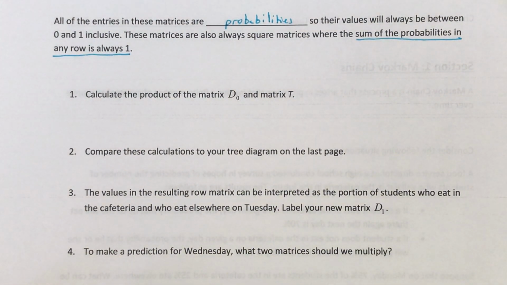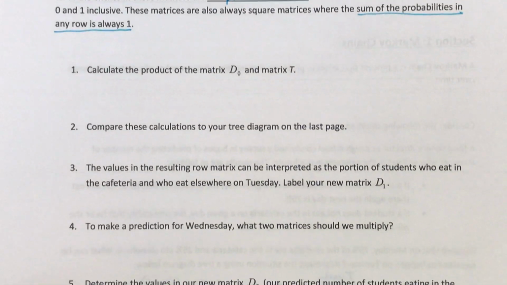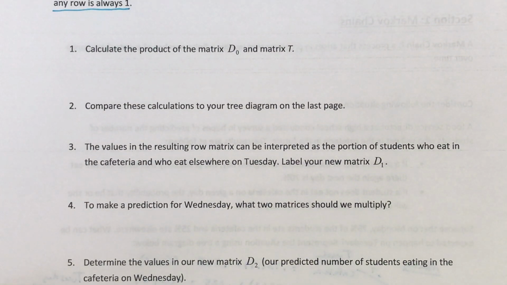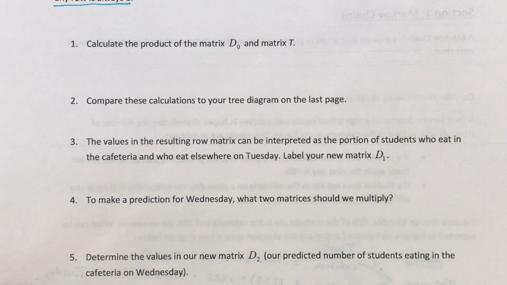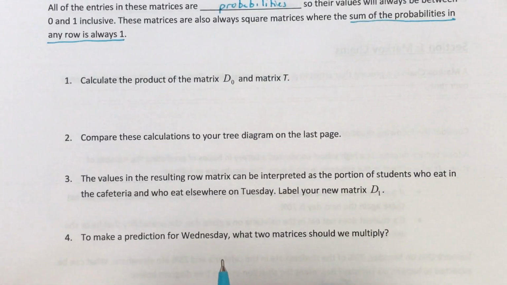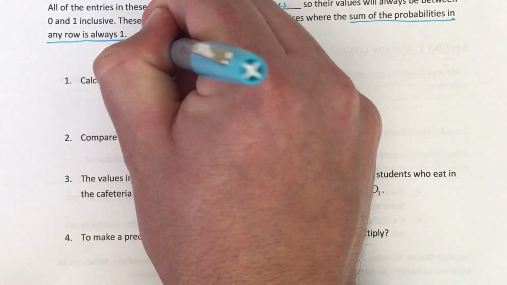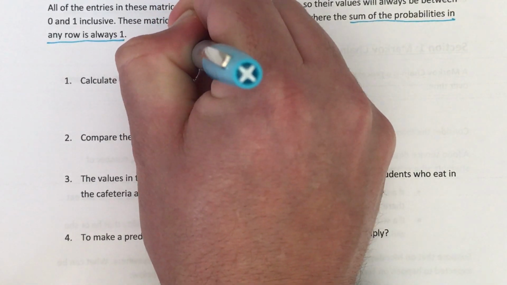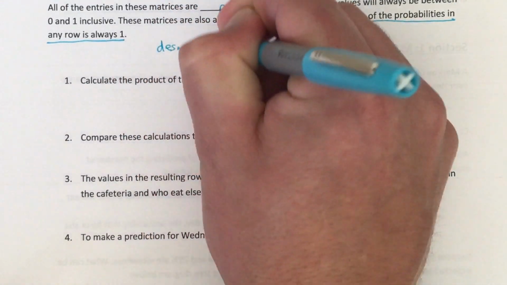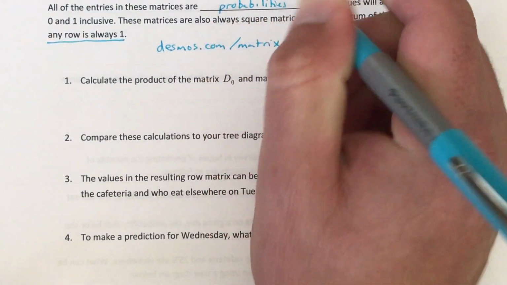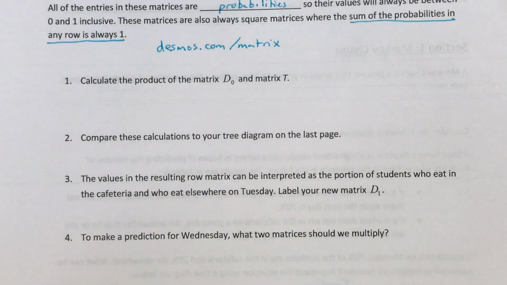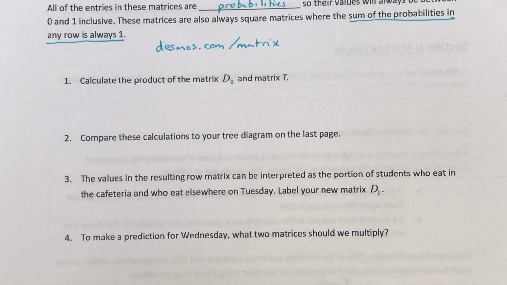All right, so number 1, they want us to calculate the product of matrix D sub 0 and matrix T. So remember, you are going to do this on Desmos. You can go to desmos.com/matrix. In fact, let me write that here. You can use your graphing calculator as well if you know how to do matrices on there.